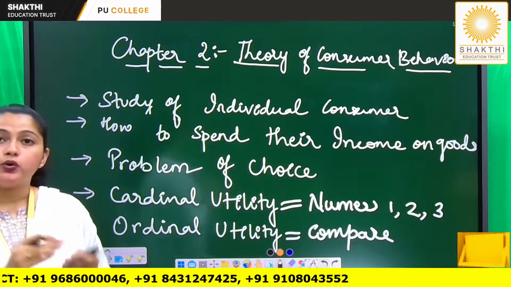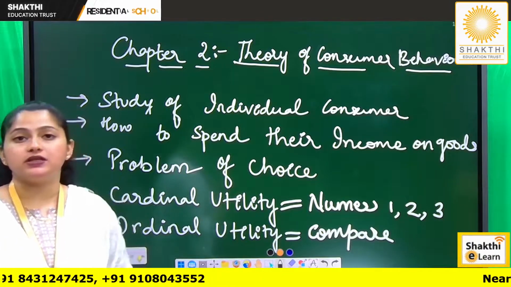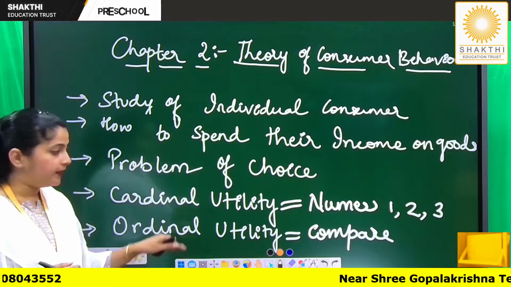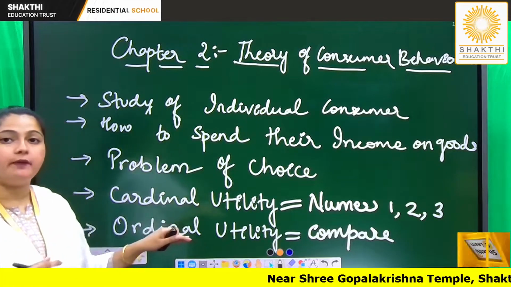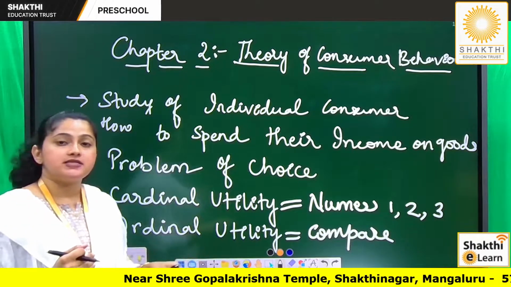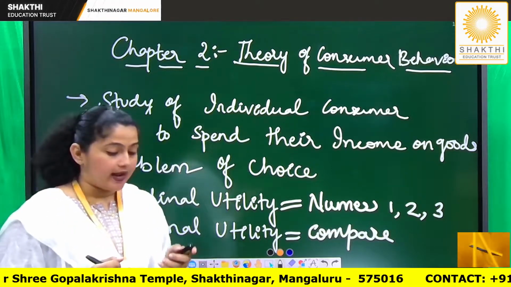You compare the two different products and measure the utility. That is called ordinal utility. I repeat, cardinal utility can be measured in terms of numbers, whereas ordinal utility cannot be measured in terms of numbers, but you can rank it.